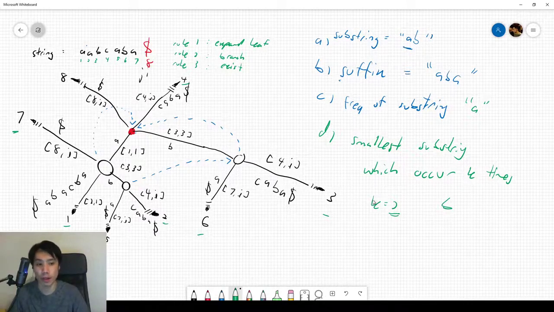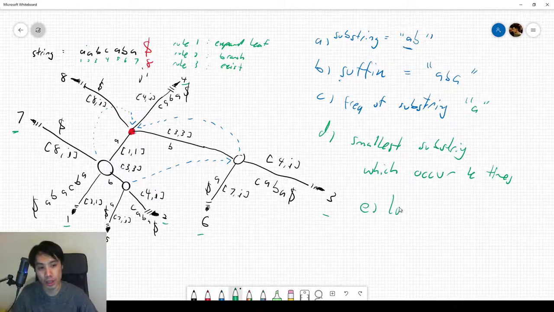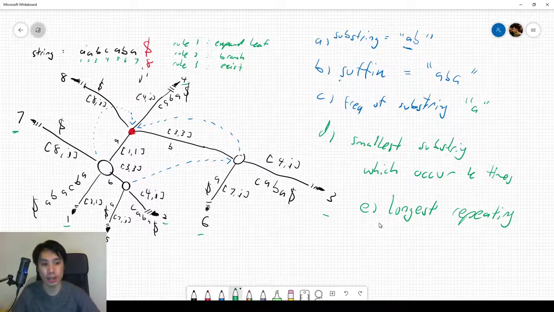Okay, so guess what your question number E is. Then if I were to move on to question E, I want to find the longest repeating substring. You know a substring repeats if it has a branch.